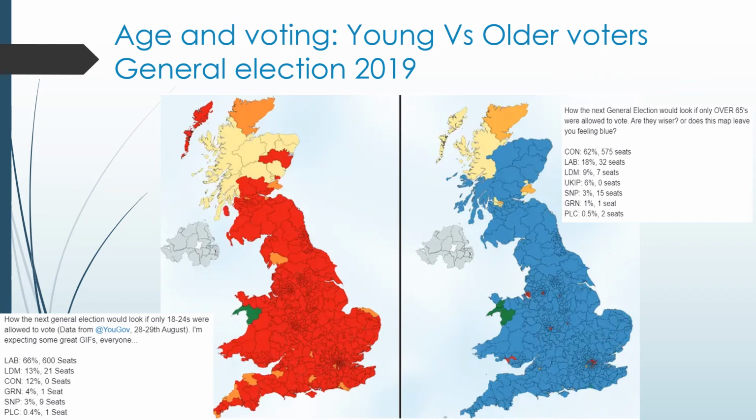There would have been a majority Labour government, 66% of the seats. If only over 65s were allowed to vote, on the right you can see that 62% of the seats would have gone to Conservative. So age has a massive factor. And again, older generations are more likely to vote Conservative, younger generations more likely to vote Labour.